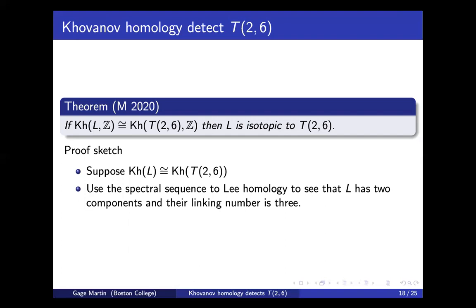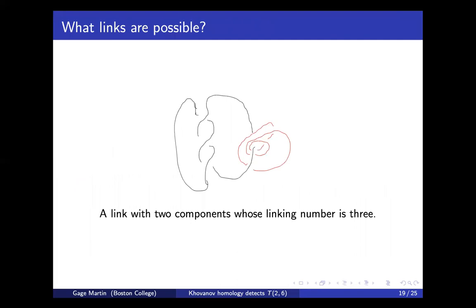So we've learned some information about L, but this isn't enough information to be sure that it's T(2,6) and not some other link. So here's an example of a different link built out of an unknot and a trefoil where the linking number between these two components is 3. So we'd want to rule out some link like this.